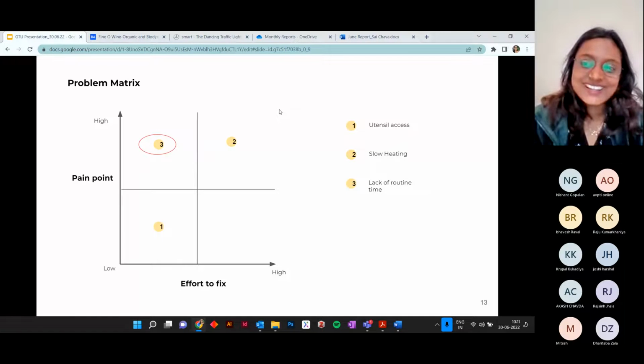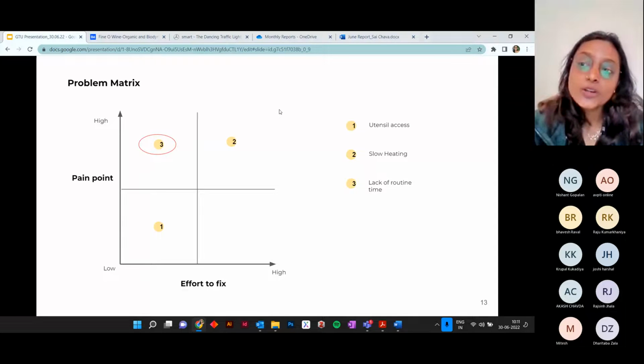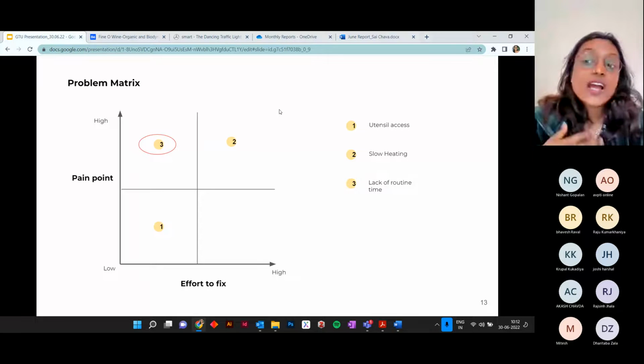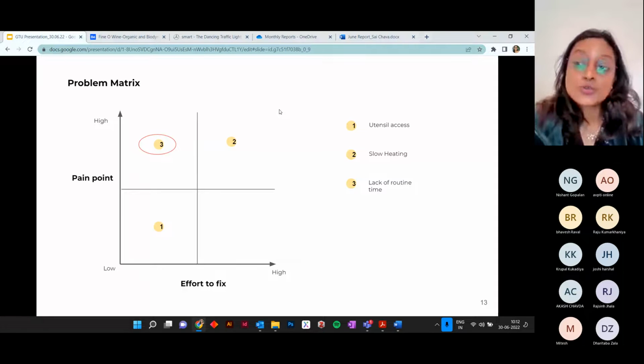Okay. See, that's a perfect example because you're coming from an engineering point of view and you see what's feasible immediately with the problems. Versus I'm coming from a behavioral design point of view, where I understand your behavior and I'm going to give you some solutions for your behavior.